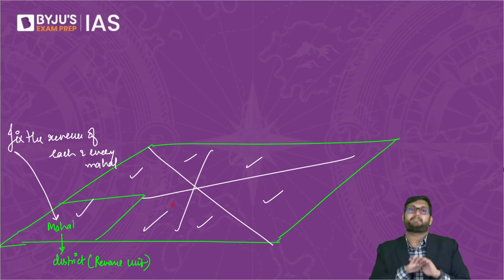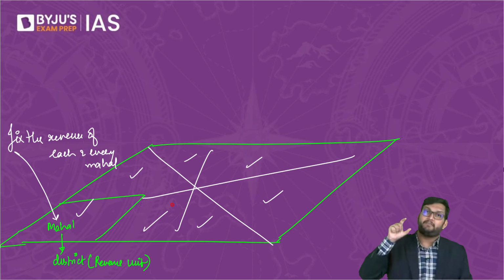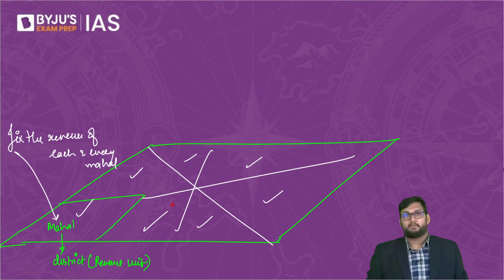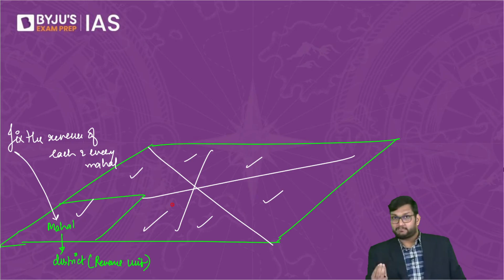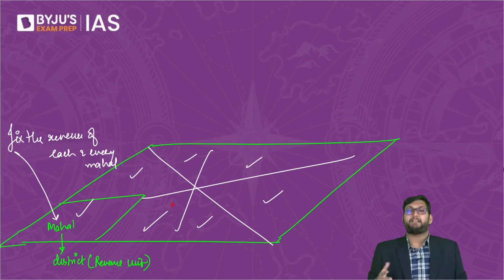Simple point is, it is giving undue power to the headman, because if I'm the very khas of the headman, he will give me less burden. But if I don't like the headman or the sarpanch or the mukhia or the chaudhary, he will give me more burden.